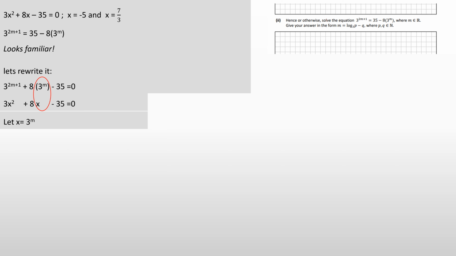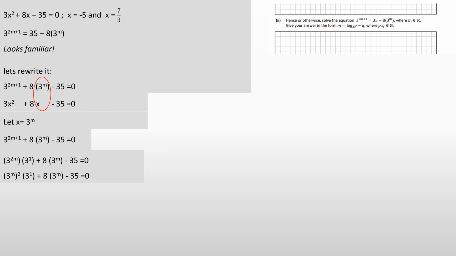If you take this function, 3 to the power of 2m plus 1 plus 8 times 3 to the power of m minus 35 equals 0, and you try to rewrite that, substituting x equals 3 to the power of m, let's try to do that. So we can write that as 3 to the power of 2m plus 1.